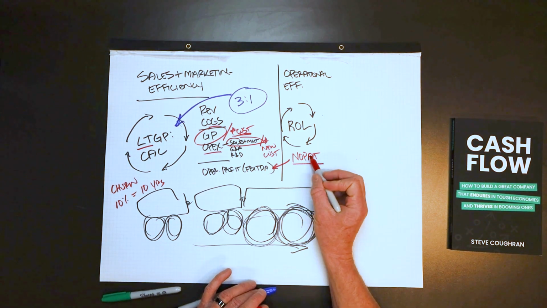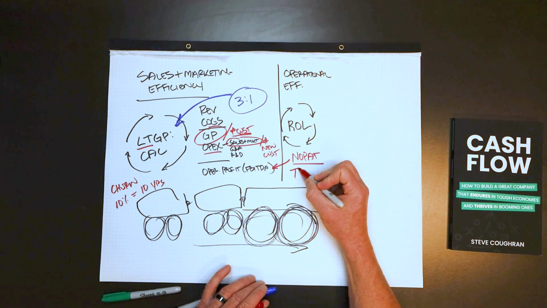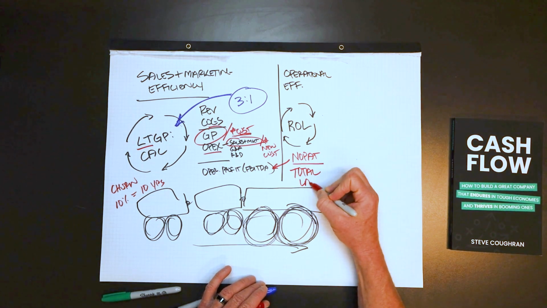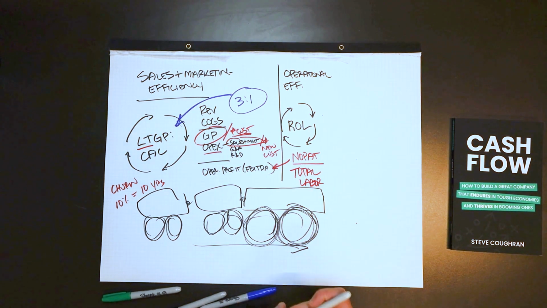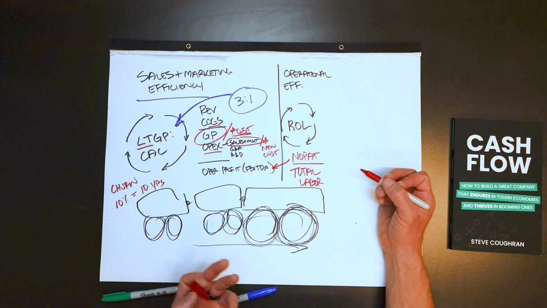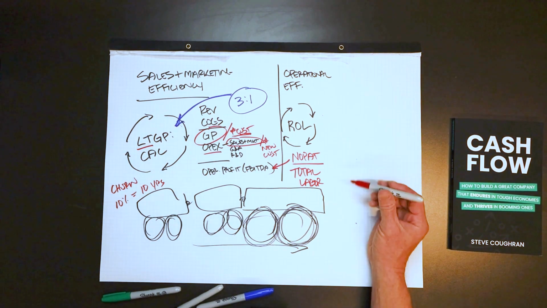I like to look at profit after tax, and then I'll divide that by my total labor. Now, this is where it becomes very nuanced because maybe you want to look at net operating profit after tax as a function of your cost of goods sold labor. In other words, your production labor or your manufacturing labor only, or you may want to do some other things with your total labor. I think you get the point though.